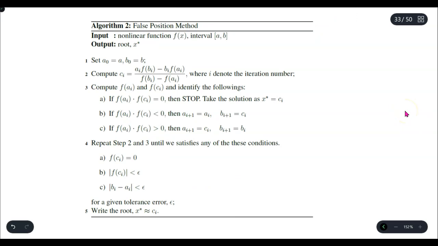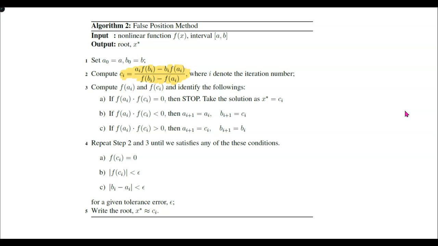The algorithm for the false position method is very similar to the bisection method, except for this formula for C. In the bisection method, C is just the midpoint formula, but for the false position, we have this formula. The rest of the algorithm basically follows what we have in the bisection method before.